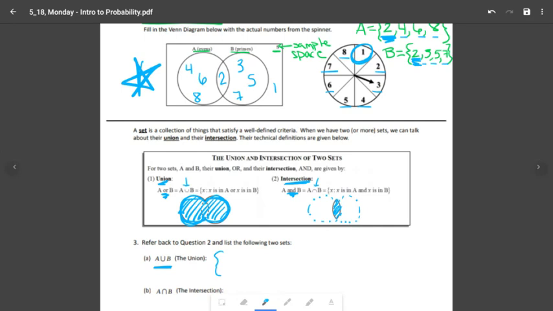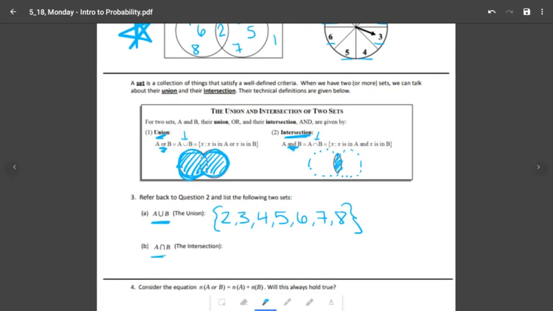It could be in just circle A, just circle B, or the part where the circles overlap. As long as it's fitting inside of those circles, at least one of them, it is part of this union. So that would be the numbers 2, 3, 4, 5, 6, 7, and 8. Each of those numbers fell into at least one of those circles.